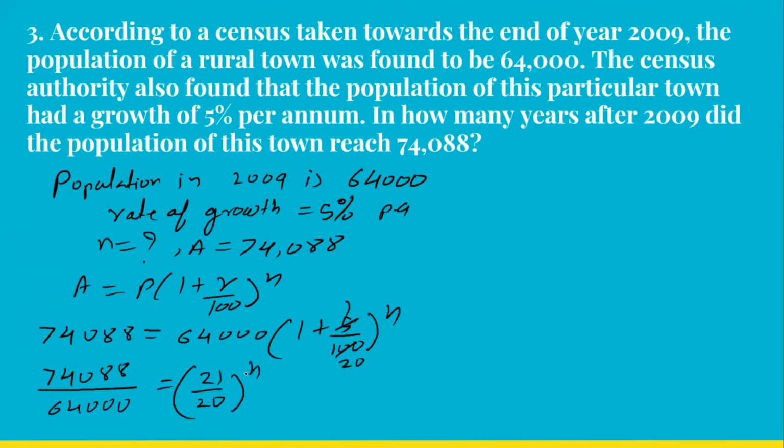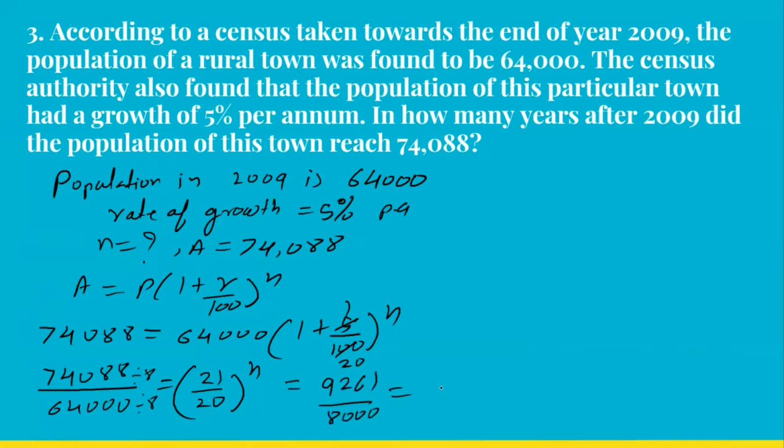Now simplify this. When you divide this by 8, both of these are divisible. Now look at this clue. When I divide, 8 8s are 64, I'm getting 8,000, which is the cube of 20. So dividing both of these by 8, I'm getting 9261 upon 8,000.